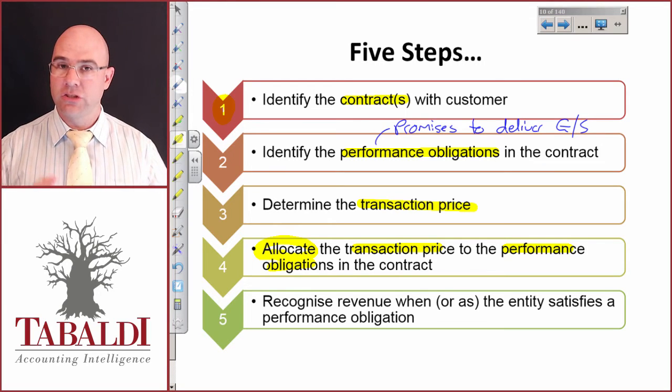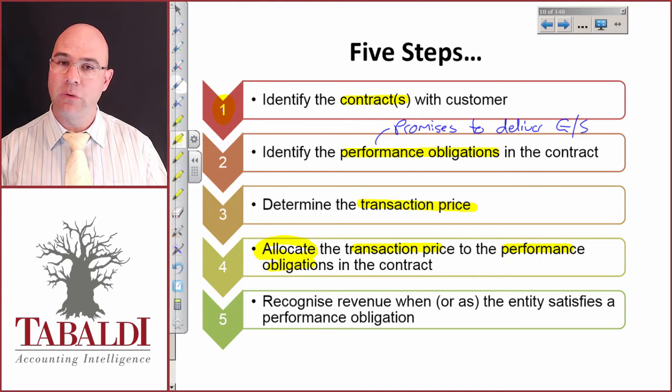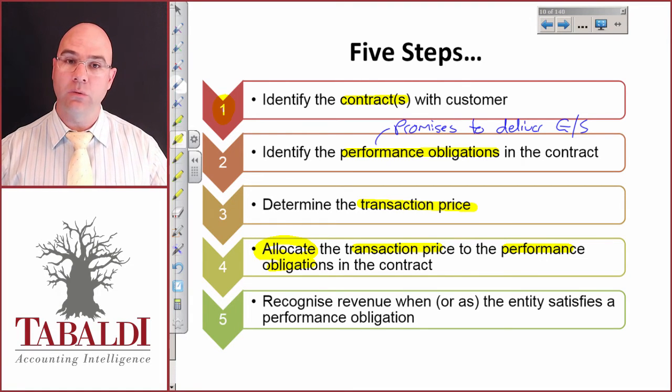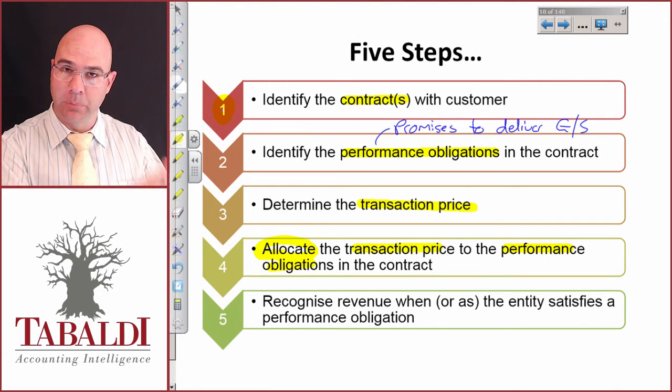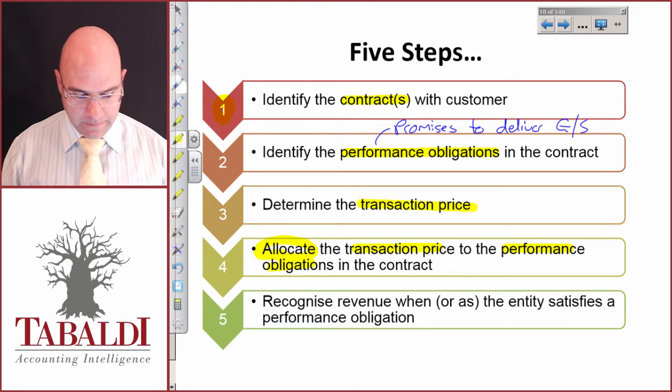So if there's software that's being sold along with installation, you may have to allocate the transaction price between 2 performance obligations, namely the software being the product and then the installation of the software being a service.